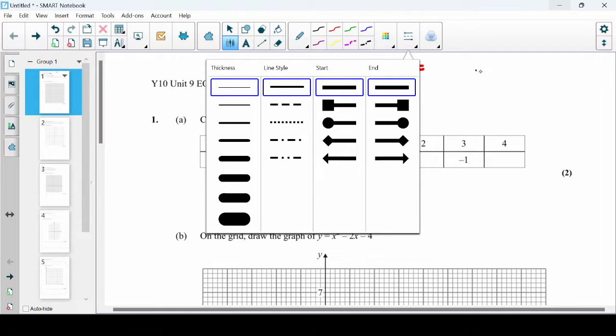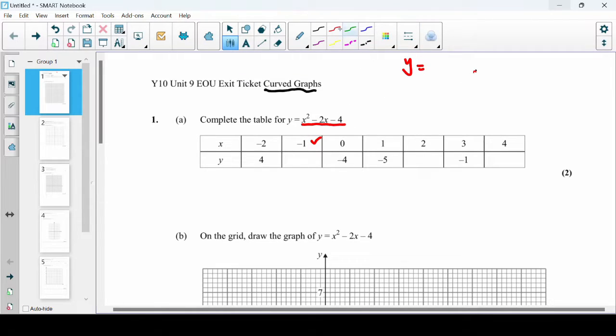That would be y is equal to x squared minus 2x minus 4. So -1 squared is +1, and -1 times -1 is +1.